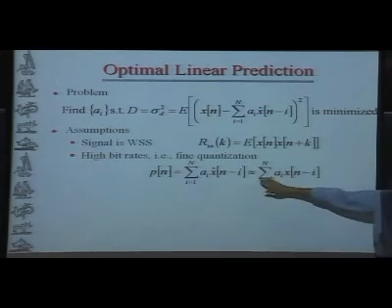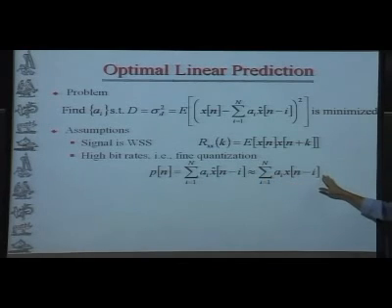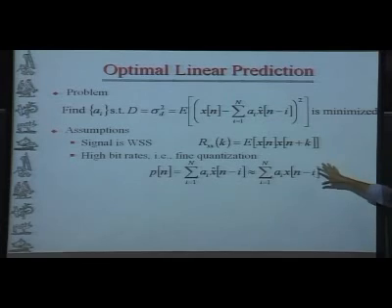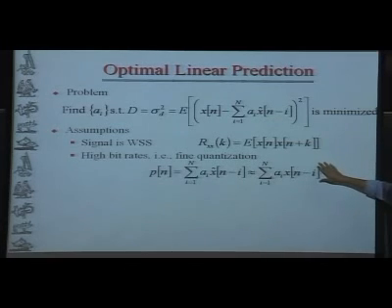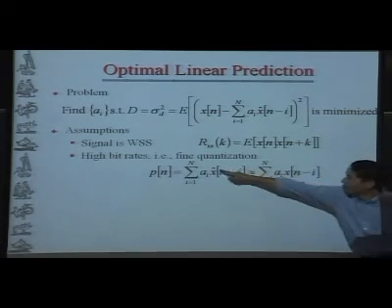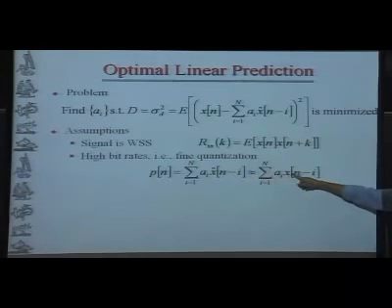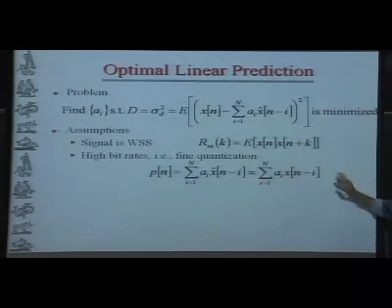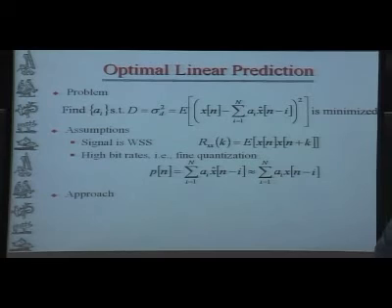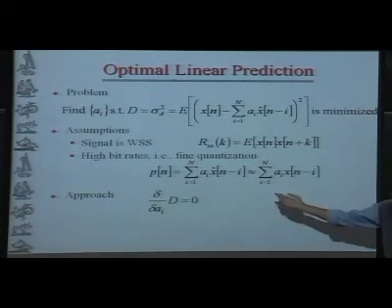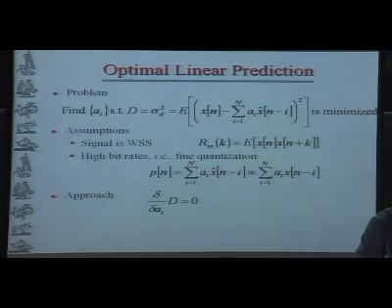So I'm going to make this approximation. This is actually the optimal linear prediction, an open loop design. Closed loop means you have the hat, open loop means you don't have the hat. So this is open loop, and the approach is taking the derivatives and setting them equal to 0.